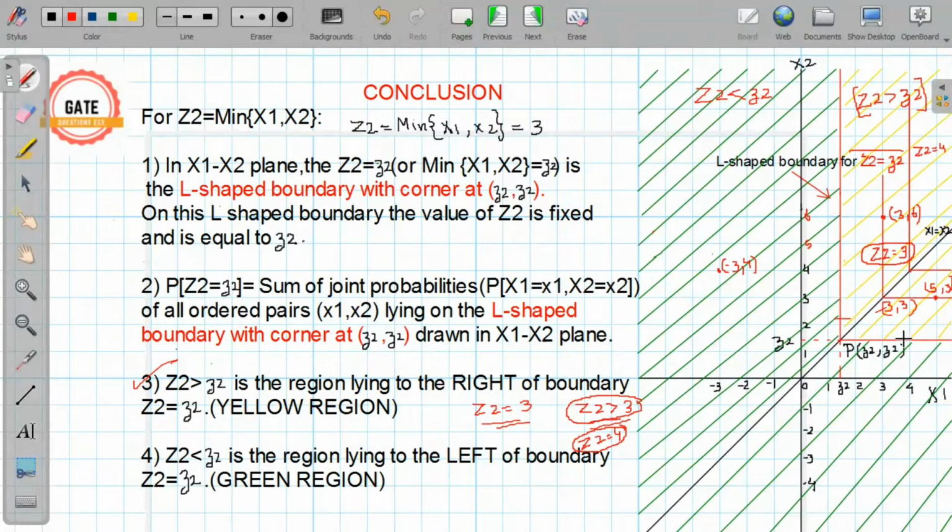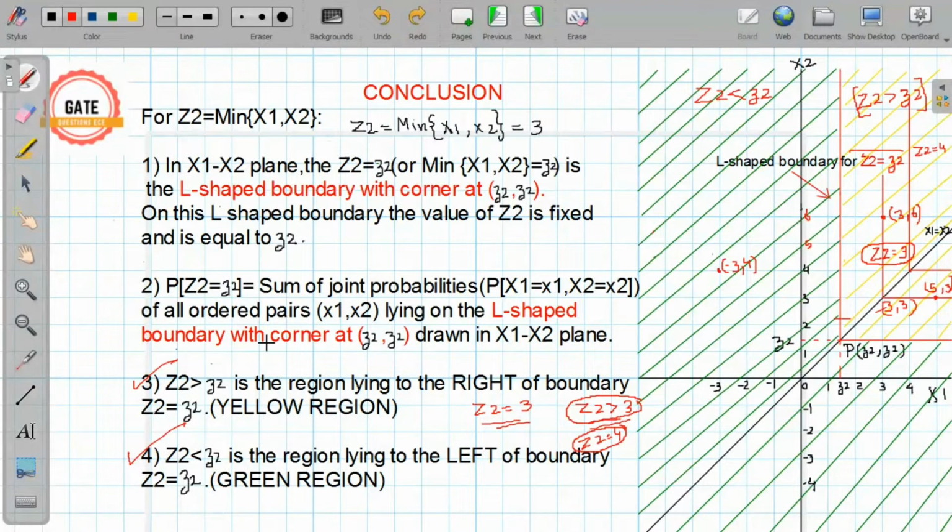So in this x1 x2 plane, on this line capital Z2 is small z2, and the region that is lying to the right of this line is the region where capital Z2 is greater than small z2, and the region that is lying to the left of this line or boundary is the region that satisfies capital Z2 is less than small z2. So this is the fourth conclusion.